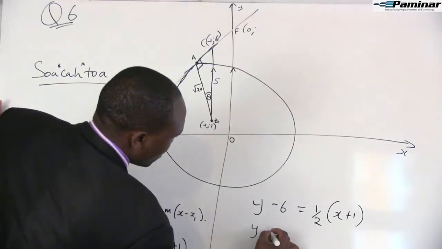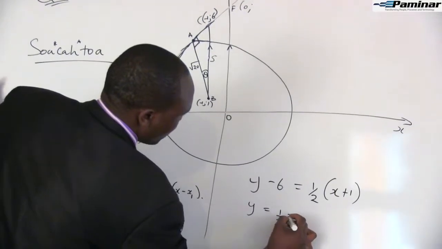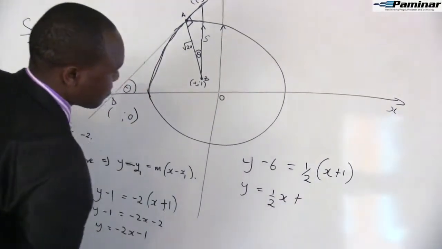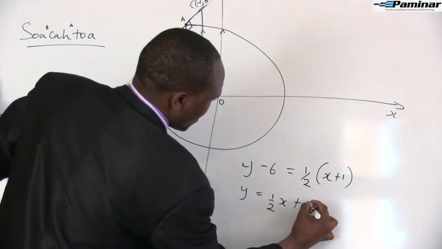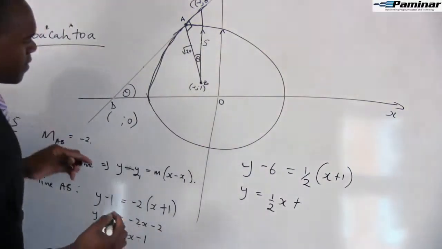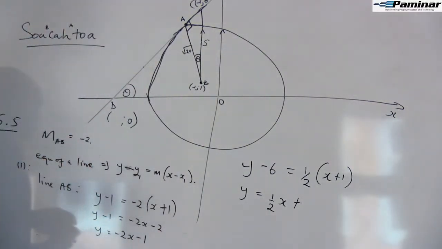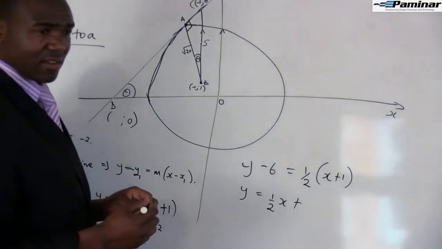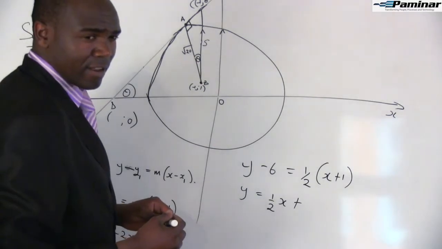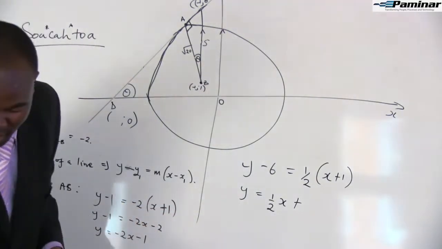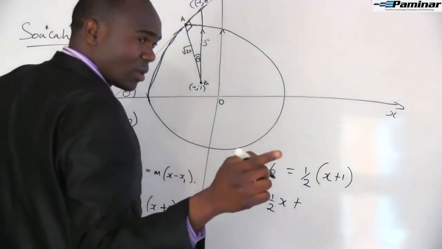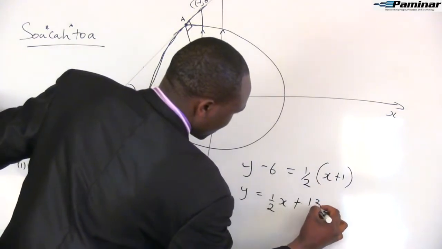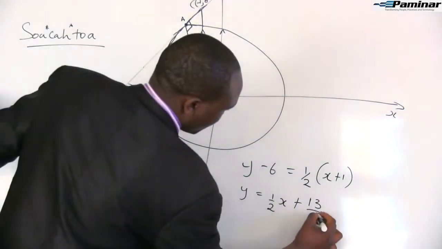And then we get y is equal to half x plus 7 over 2. 6 plus half, what is that? 6.5. Not 7 over 2, right? Yes, so it's 6.5. Is it 13 over 2? Yes.